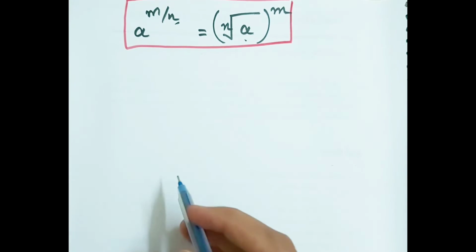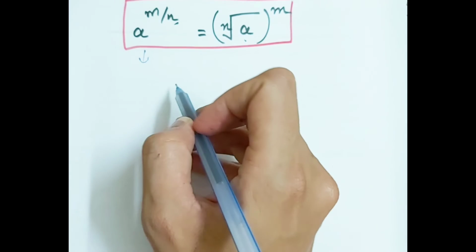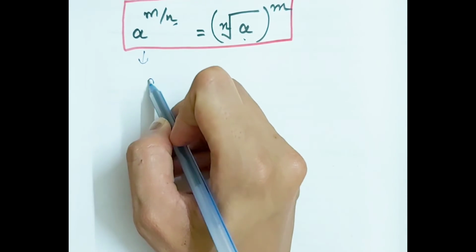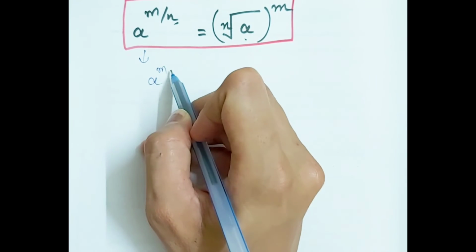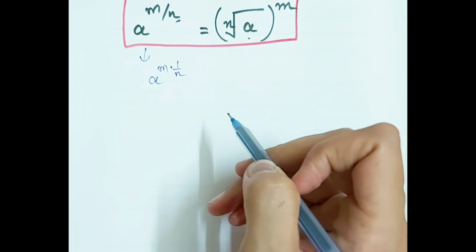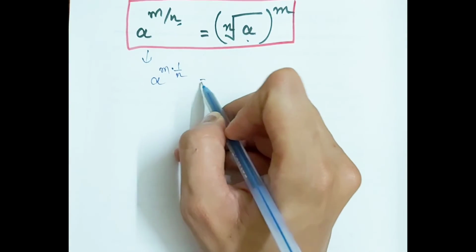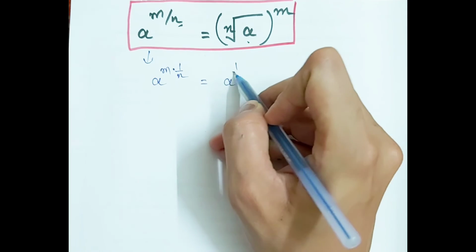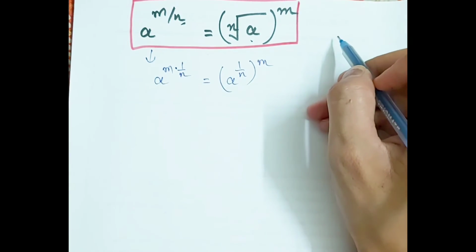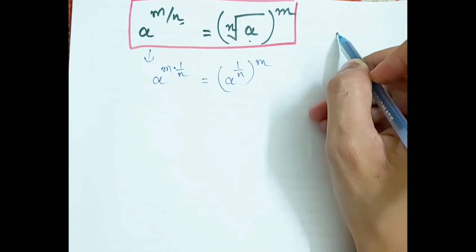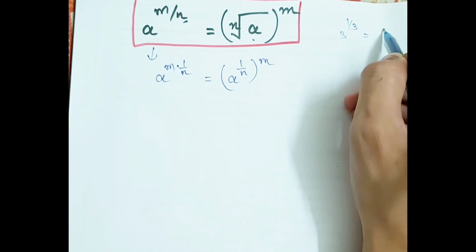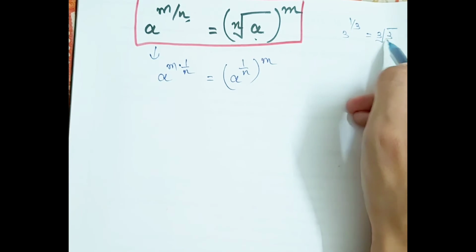But if we elaborate this, what does this really mean? Whatever exponent laws we have covered so far, this just means that it is a raised to the power of m multiplied by 1 over n, which means that I can write this as this. Now when we say, let's say, 3 raised to the power of 1 over 3, we just make a cube root.